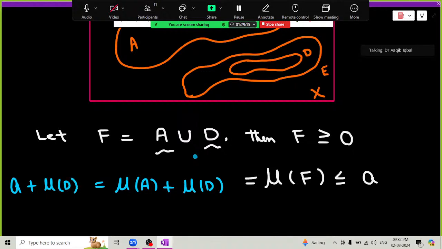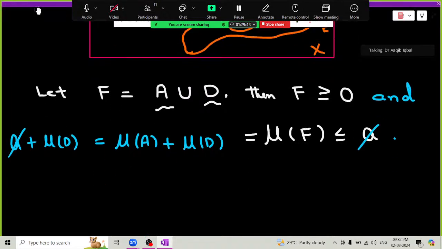अब यहाँ क्या होगा? mu of A cancel होगा. Because ये दोनों साइड से आ रहा है ना इनइक्वालिटी के. और positive set, and therefore then F is a positive set and this will be true. Full stop. या cancellation जब आप करेंगे so it gives this.